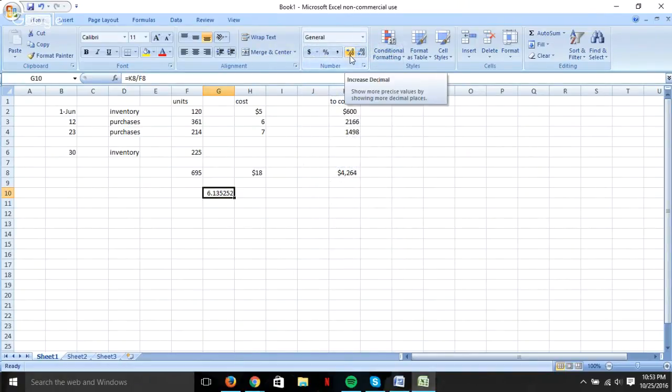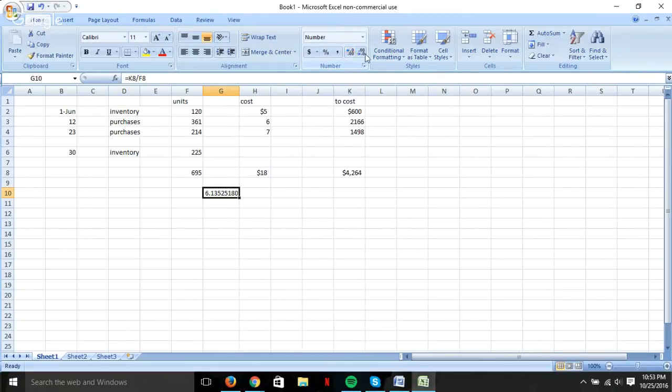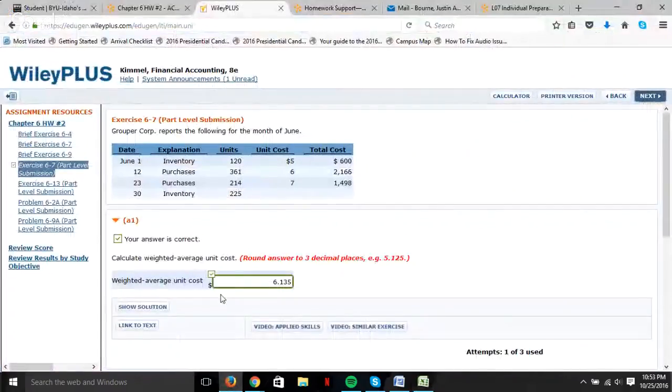And so we'll just go in to 3 decimals. So the weighted average unit cost is 6.135. And when we check our answer in Wiley, we see that is correct.